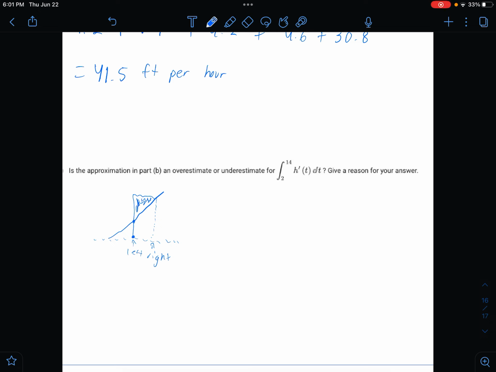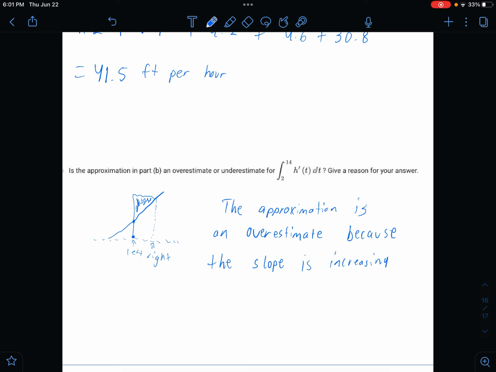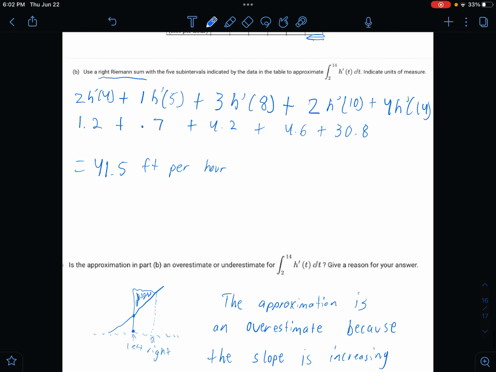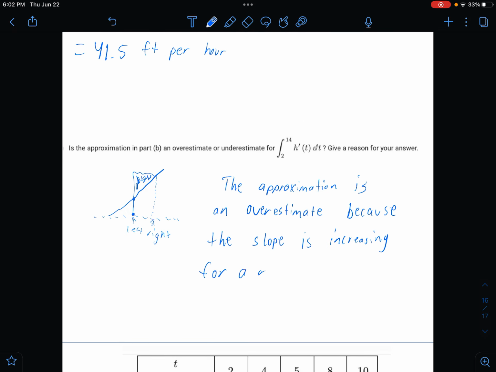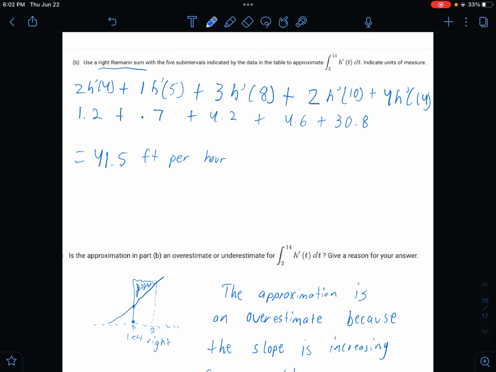So the main takeaway based on this question is that the approximation is an overestimate because the slope is increasing for a right Riemann sum approximation.